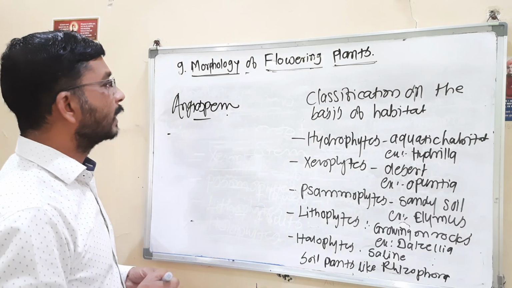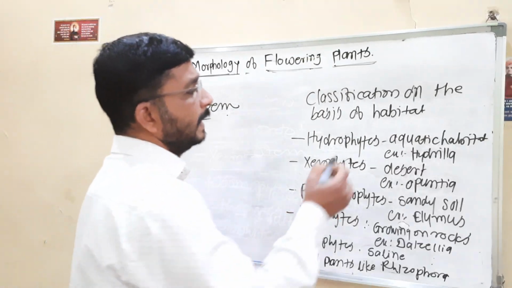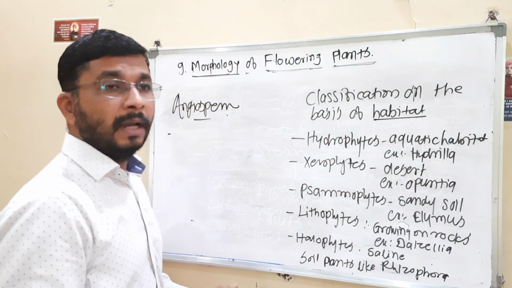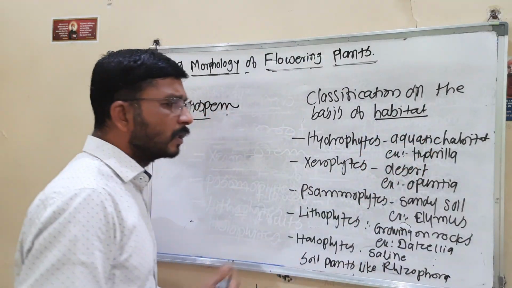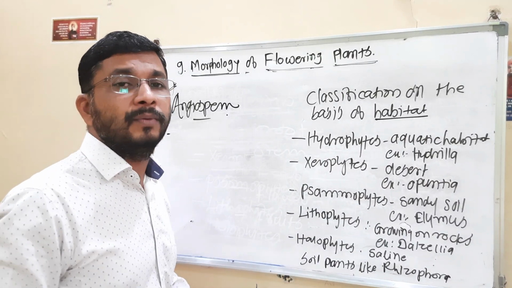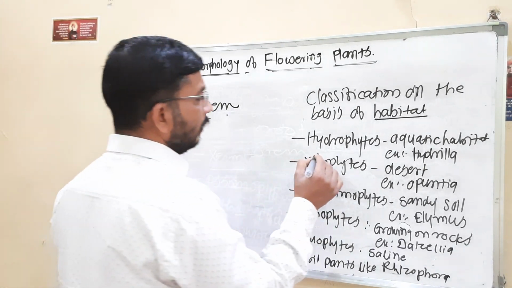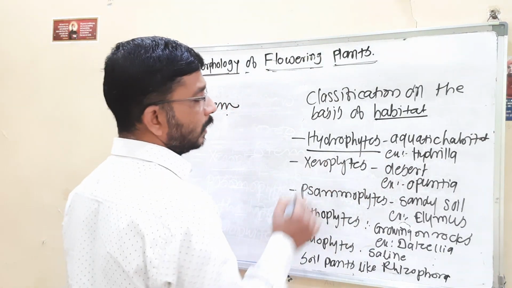We find certain classification on the basis of habitat, where they live. I already told you that they adopt certain characters to survive in a certain habitat, like hydrophytes. Hydro means water.